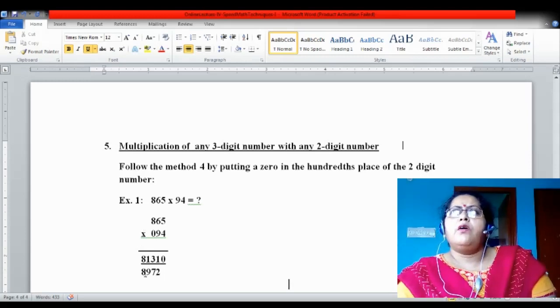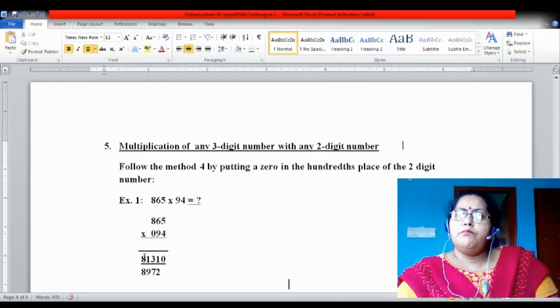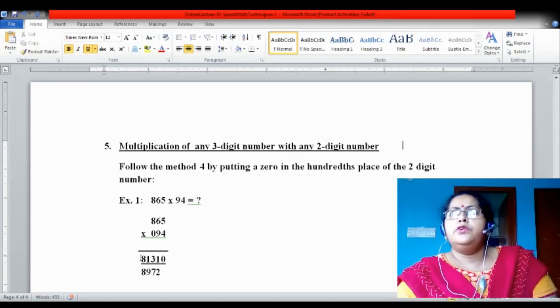We can still do that now, but we don't need to do it and we directly can put the 81 here, because if you would have tried for the next step, this would give you 8 into 0, whatever you have here into 0 will give you a 0, so then whatever is kept here for carry forward, that should come. So therefore we can directly avoid the next step, and when we are here in the 4th step, we can just directly write here this 81.